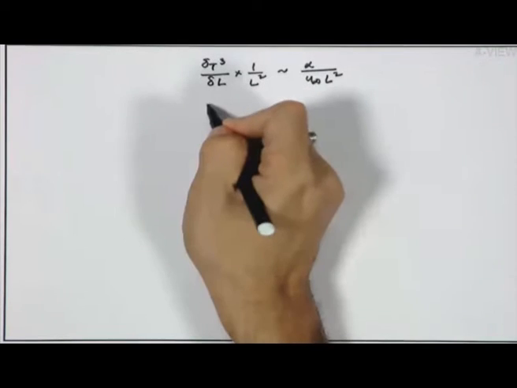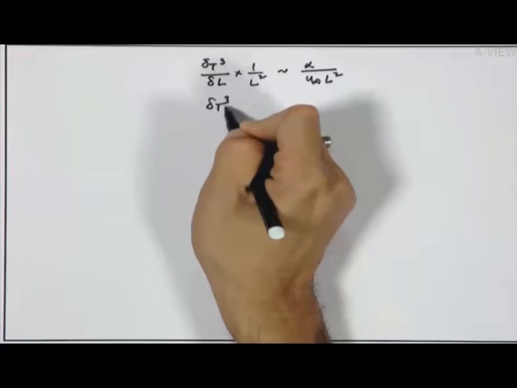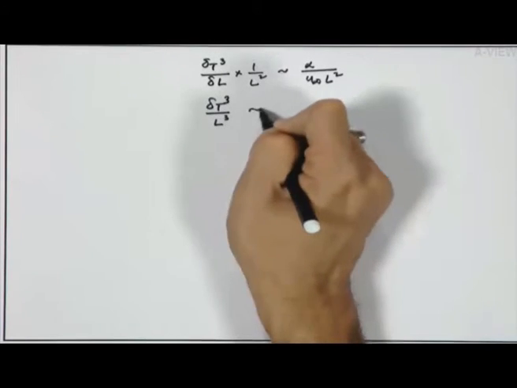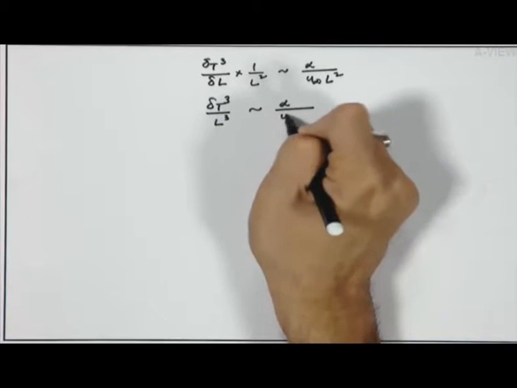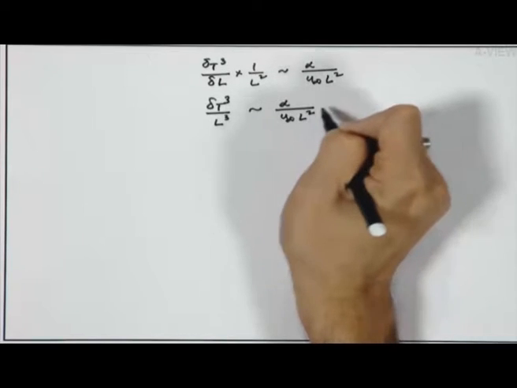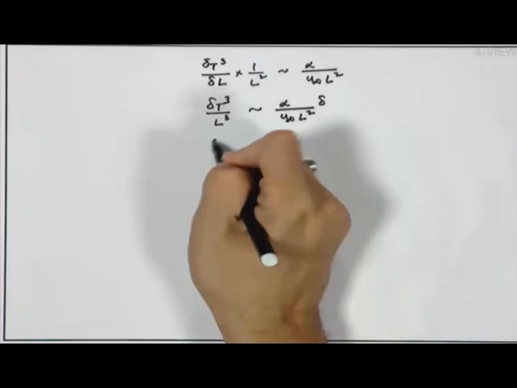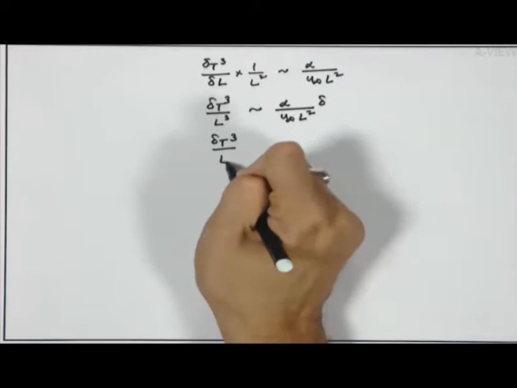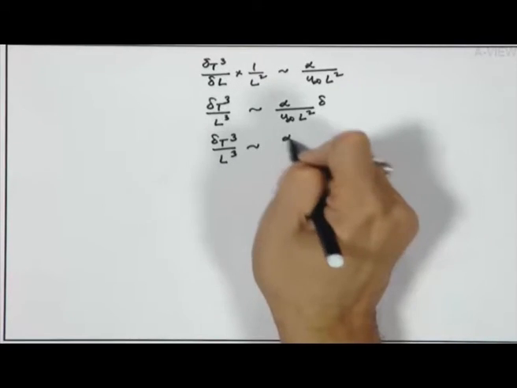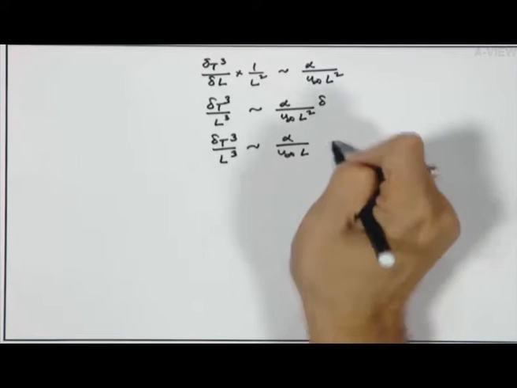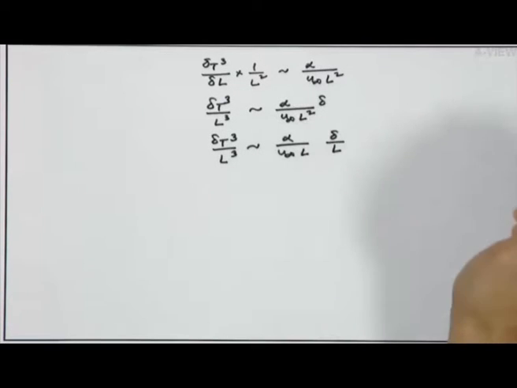Why have we written this? Because then you can write this as delta T cube by L cube is of the order of alpha by U infinity L square into delta. So, delta T cube by L cube is of the order of alpha by U infinity L into delta by L, right.